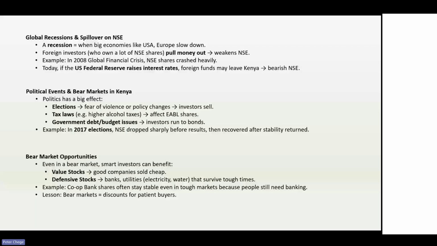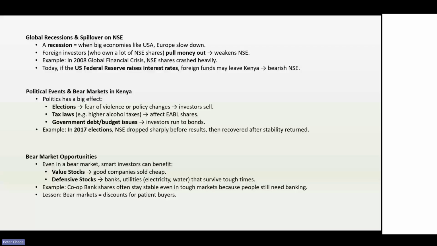A bear market means the market is going down, but it's not always a negative thing. It has its own opportunities. It's during this time you find those people who know the market want to get valuable stocks at a cheaper price.